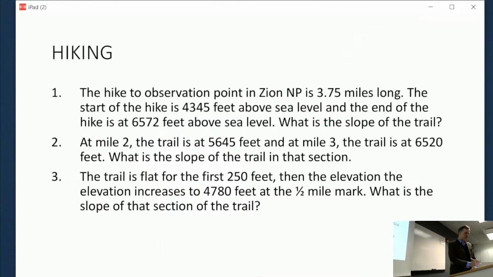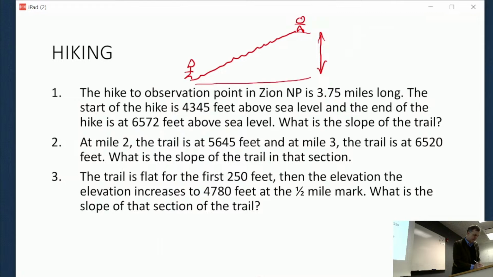So you understand the situation: here we are, getting ready to hike. We go up this hike, and at the top, you have a rise and you have a run. So the run is 3.75 miles. The rise is, well, what is the rise?